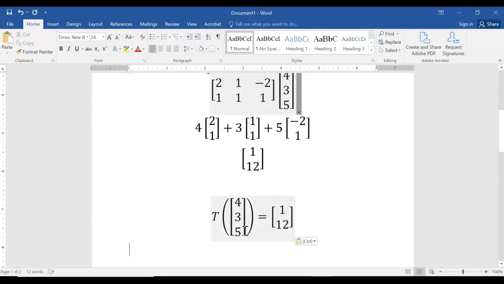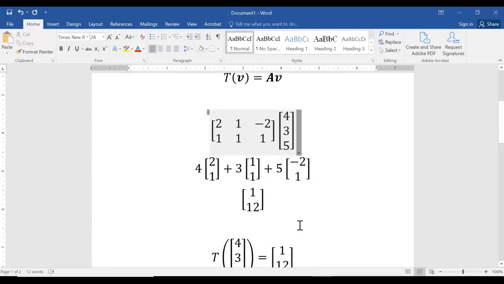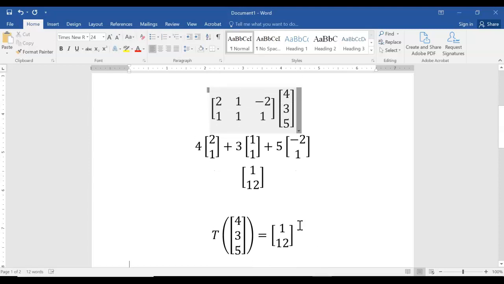Your input vector is the vector 4, 3, 5. Your output vector is the vector 1, 12. In this case, I gave you the A and the input vector.